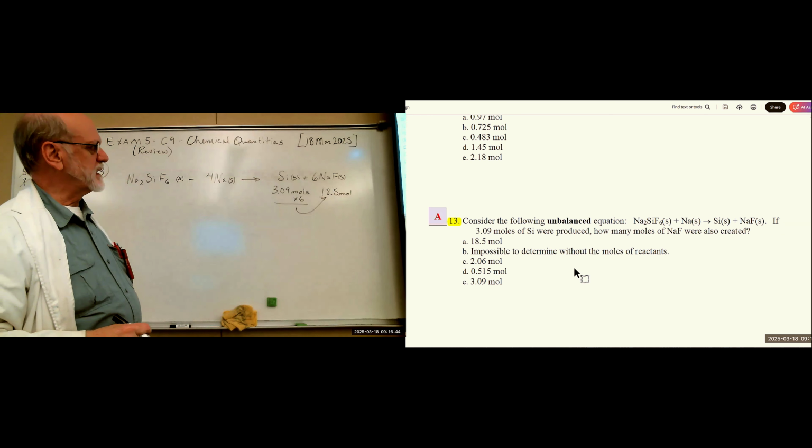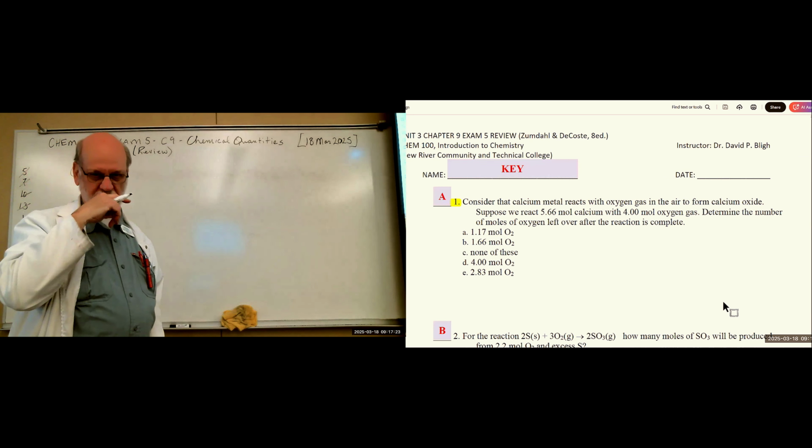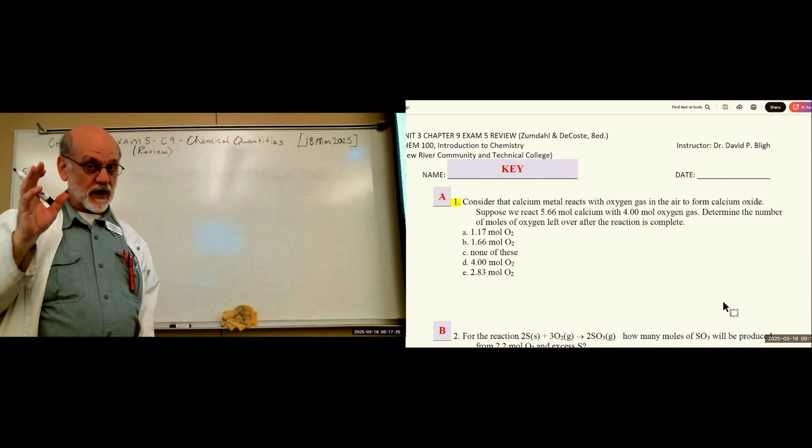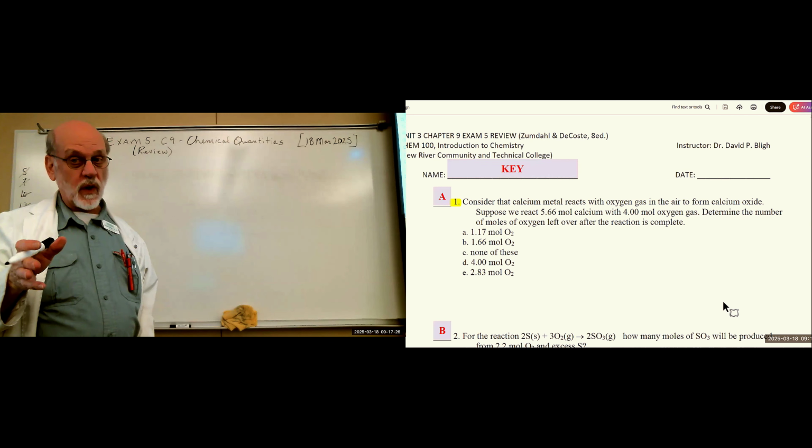Okay, 13's out. Now we can circle back, as they say, to the first one. This one is going to require methods that we developed for limiting reactant. So now we're at number 1 again. This also requires us to take the names of the elements and compounds and put them into the equation.